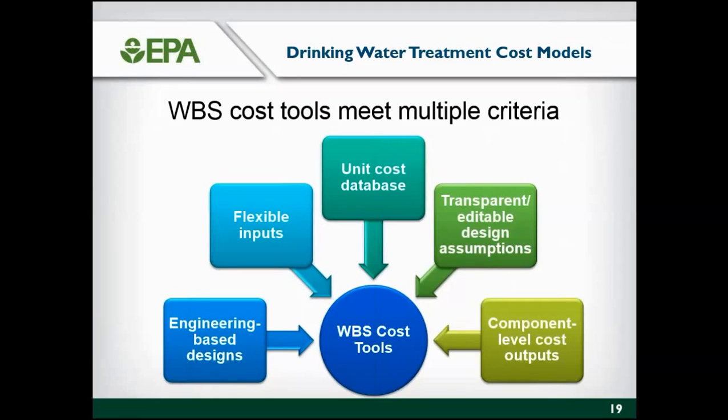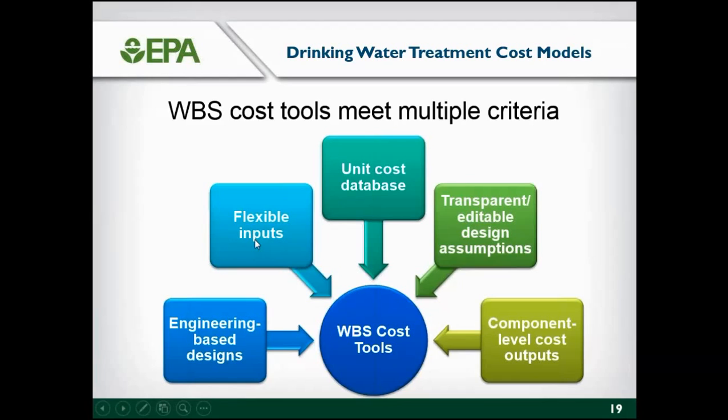I'd like to then talk a little bit about the work breakdown structure cost models that were developed in the Office of Groundwater and Drinking Water. So these models have a number of different aspects which make them very useful. The first is that they're engineering-based designs that have been peer-reviewed, and so all the assumptions in this database are vetted.